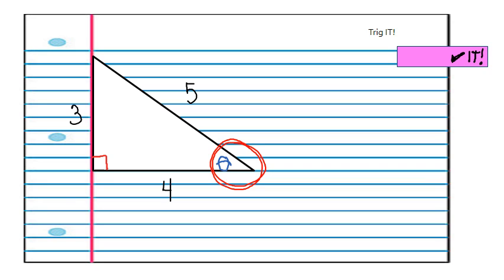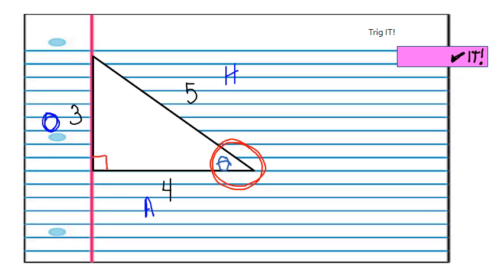Next, we use our index finger to identify hypotenuse, opposite, and adjacent. Make sure you've got those 3 letters there. It makes all the world of difference. And then you have to figure out which trig you want to use. Because you have all 3 sides here, you can use either sine, cosine, or tangent.